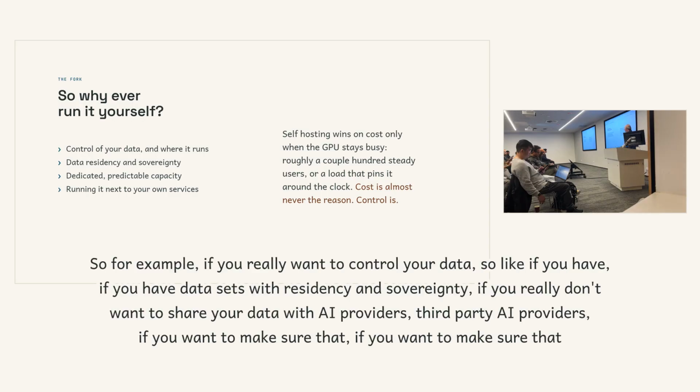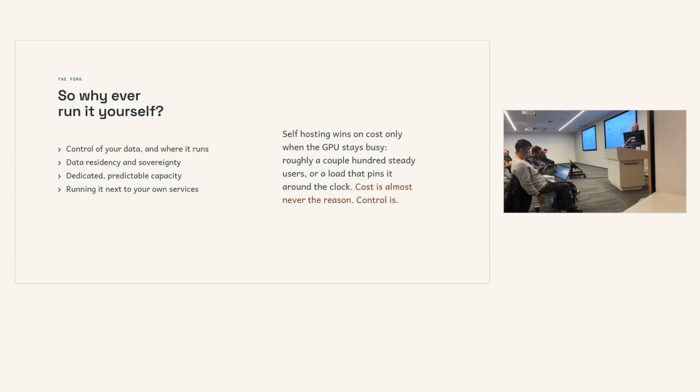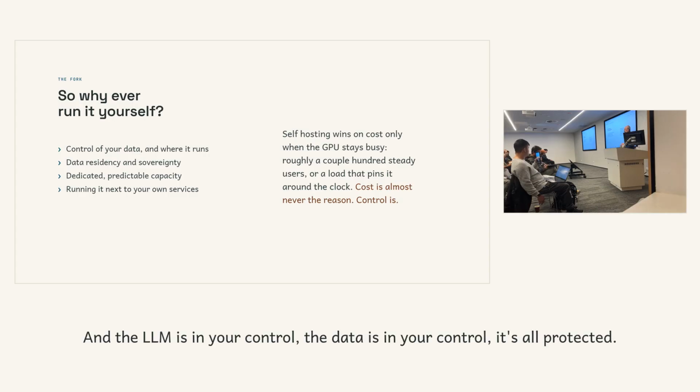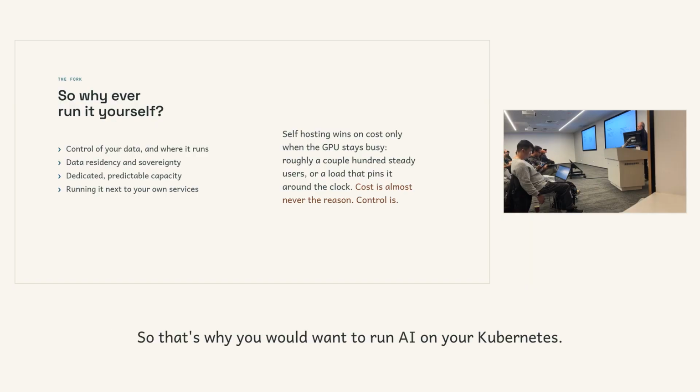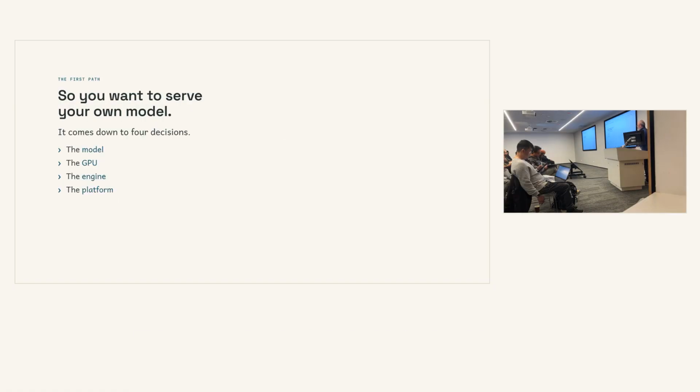For example, if you really want to control your data, if you have data residency and sovereignty requirements, if you really don't want to share your data with third-party AI providers, if you want to make sure that the LLM and the data are in your control and all protected, that's why you would want to run AI on your Kubernetes.